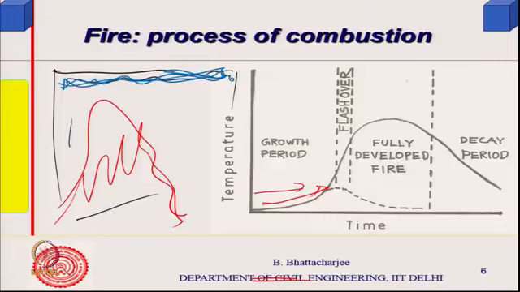Now some of the heat from this gas will get transferred outside by conduction through the roof ceiling, but it will also radiate some heat back to the furniture and combustible material inside, and they will all get heated up.